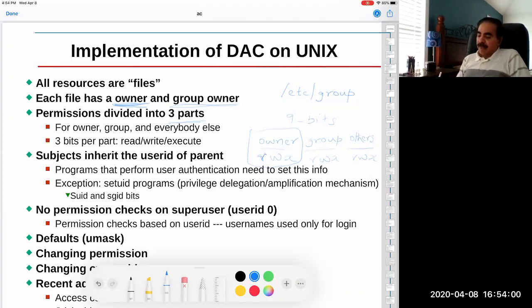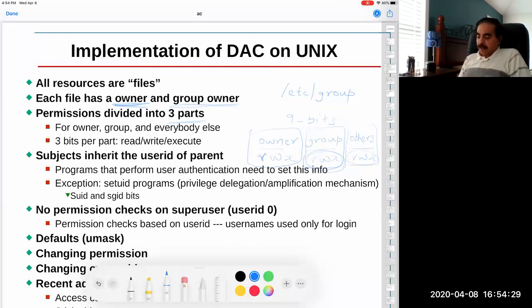If there isn't a match on the owner, then it checks whether one of the subject's groups, because a subject could have multiple groups, matches the object's group. If it does, then the relevant permissions would be the group bits. And finally, if neither of these match, then the permission check is performed on the last 3 bits.